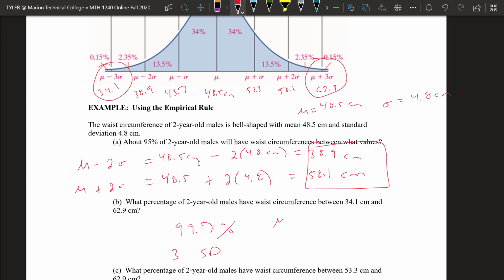In other words, mu minus 3 times sigma gets me to the 34.1, and mu plus 3 times sigma gets me to the 62.9 value.